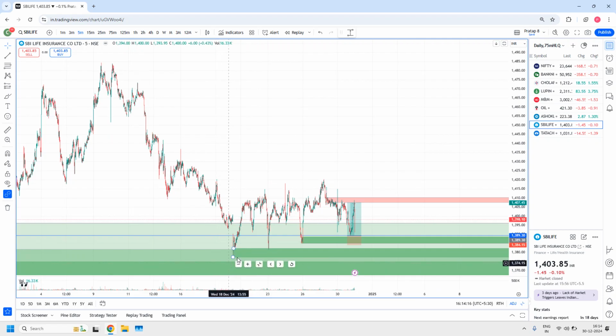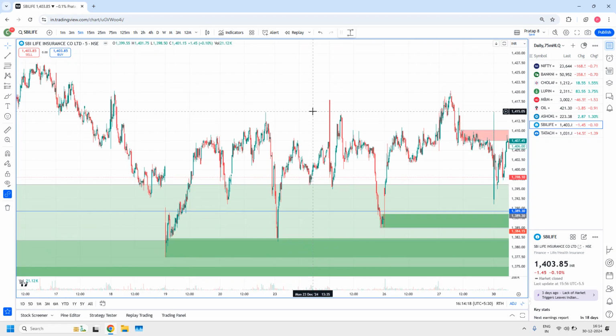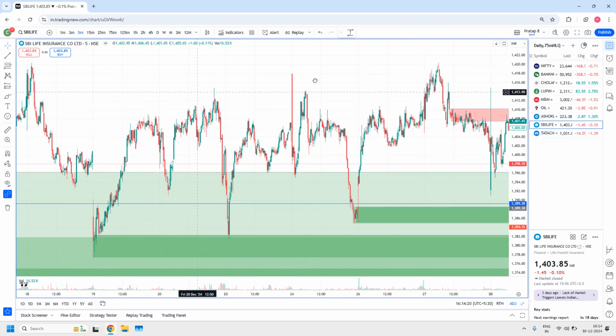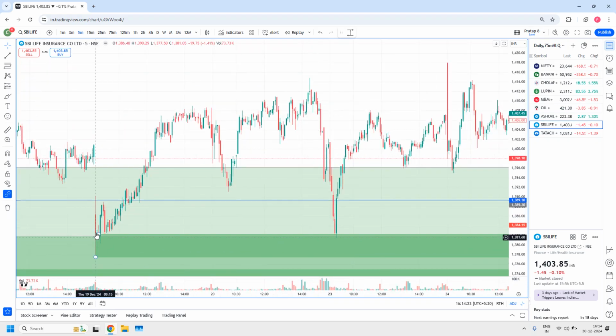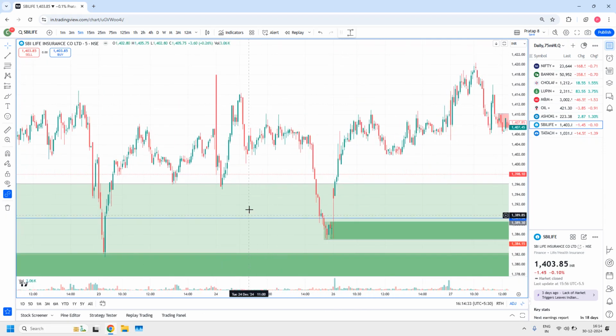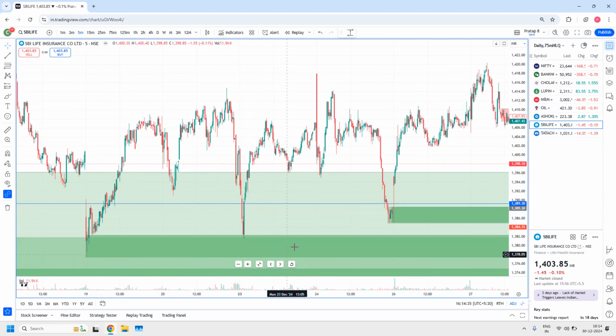Prices came near to that, but it is not tested. So at the time a new 5-minute zones are created here. We have a drop, 2 base candles and a rally. And this one is tested during last week, 23rd December. This zone is tested. But below that we have a fresh one.